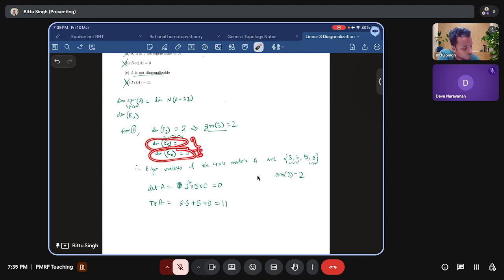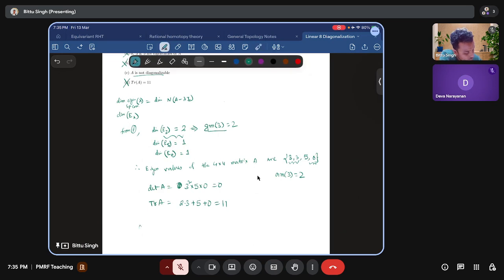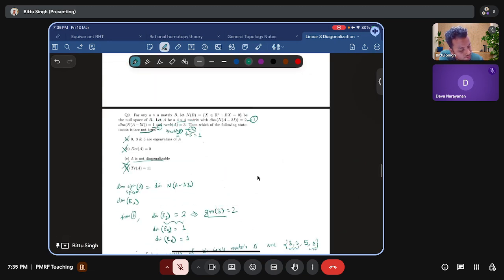Algebraic multiplicity and geometric multiplicity both are 1 for all eigenvalues lambda, therefore A is diagonalizable. So clearly A is diagonalizable, so this is actually true. Means this is not true.